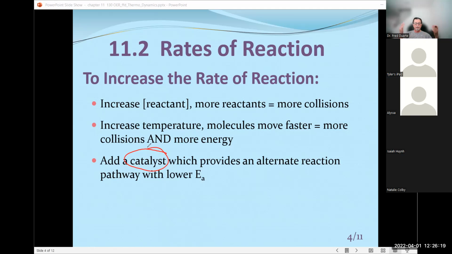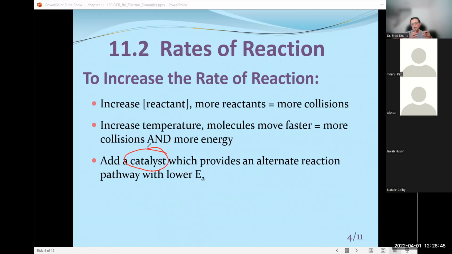So instead of having, let's say, 50 units of energy for this reaction to proceed on its own, by adding a catalyst it may bring that energy requirement down to maybe 10 units. And so the reaction that at one point required maybe 100 degrees Celsius could now occur at room temperature, because there's enough energy at room temperature for this reaction to proceed.